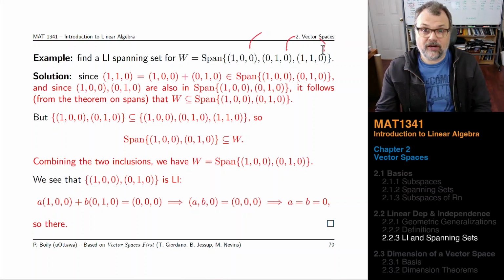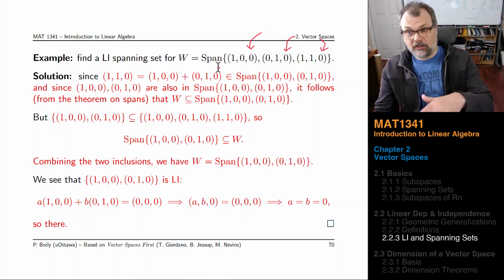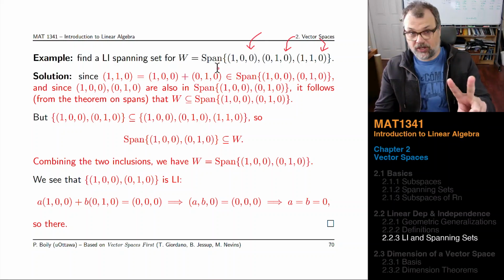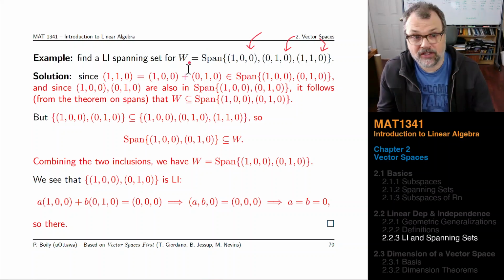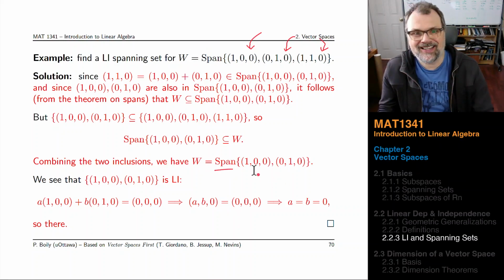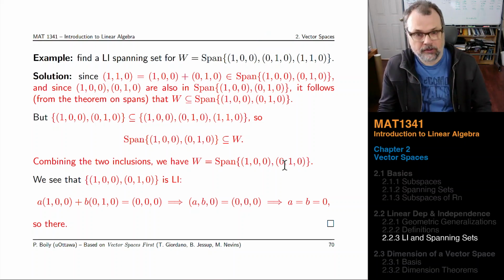If I take linear combinations, I cannot leave the xy plane. The xy plane geometrically is a two-dimensional object. And look at us here. We managed to write this subspace W as the span of two linearly independent vectors.